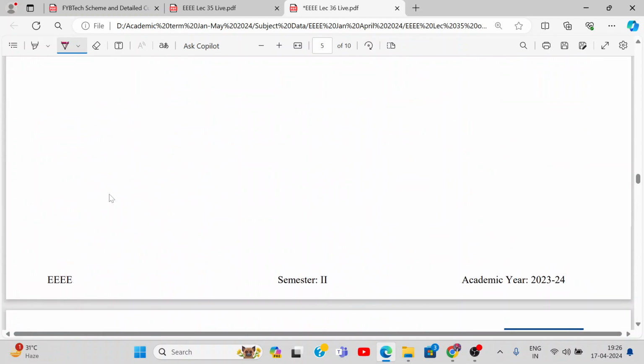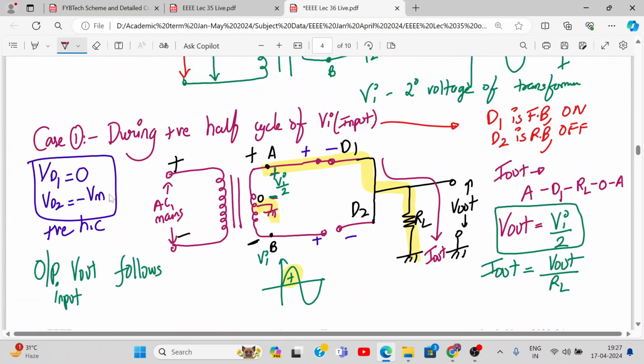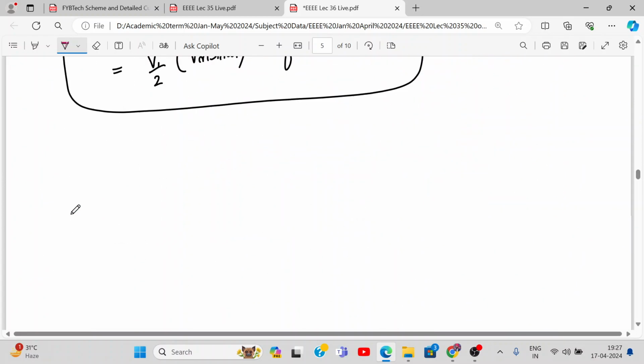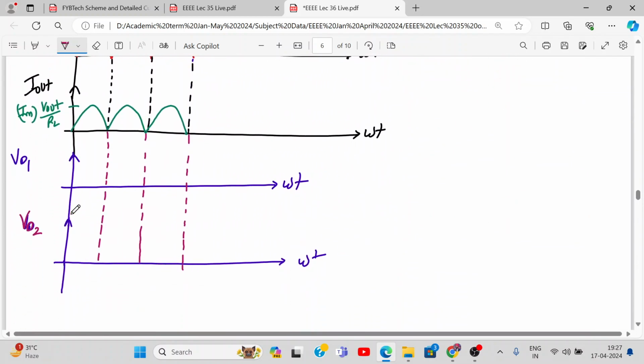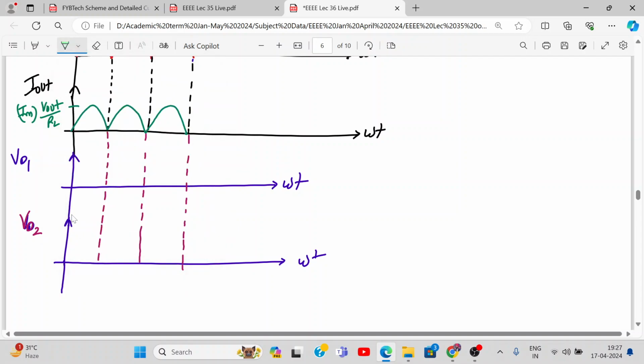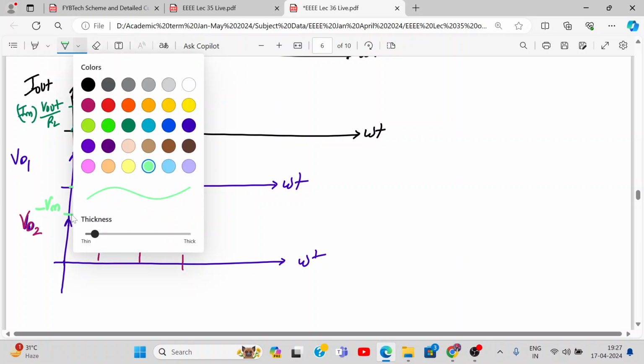So for the positive half cycle, VD1 is 0. For the negative half cycle, VD1 is minus Vm, correct? So the waveform will look like this. This is VD1, and this value will be minus Vm. Is this color visible to you?